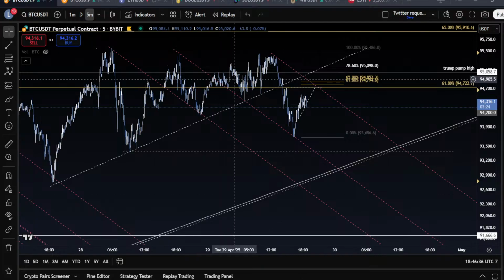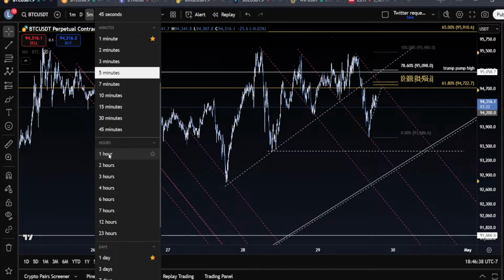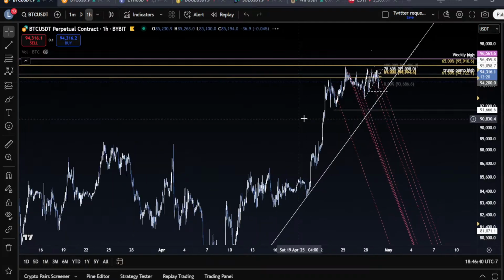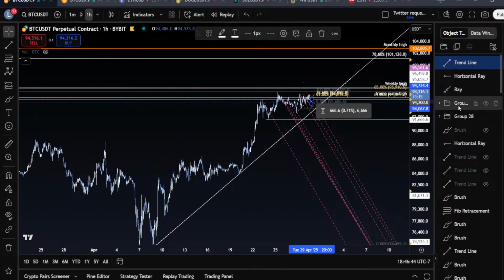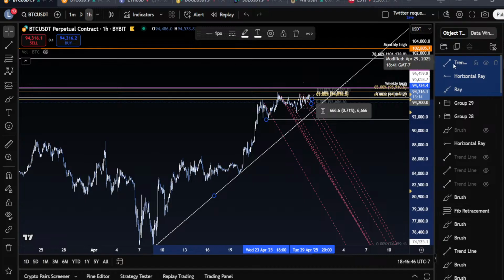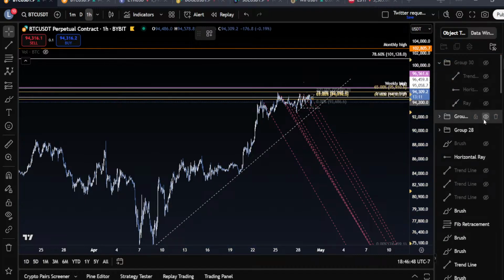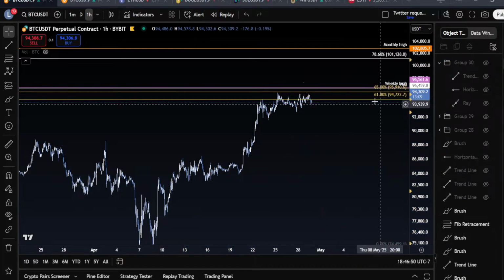Any potential, I mean, in the bullish cases, let's just get rid of everything here.